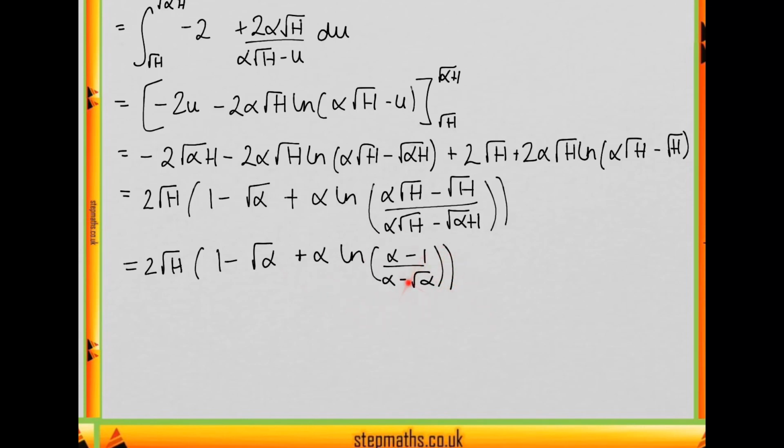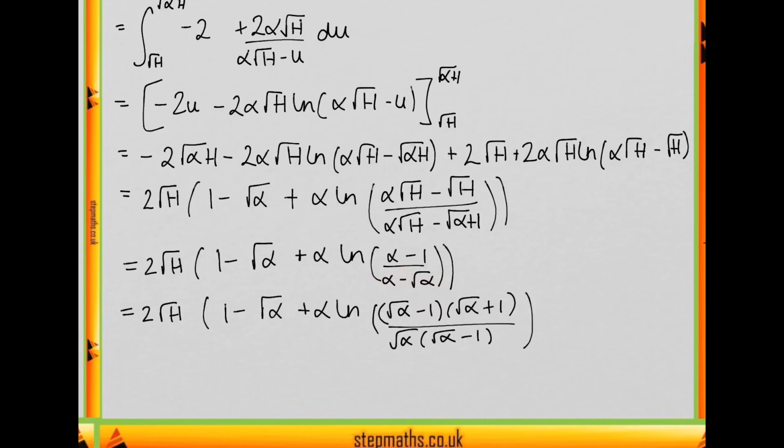Now this is really similar to previous, but we had an alpha squared here instead. So we can still apply difference of two squares, because this is just a difference of two squares of root alpha. We get root alpha minus 1 and root alpha plus 1 on the top, and we can pull out a root alpha from this bracket.